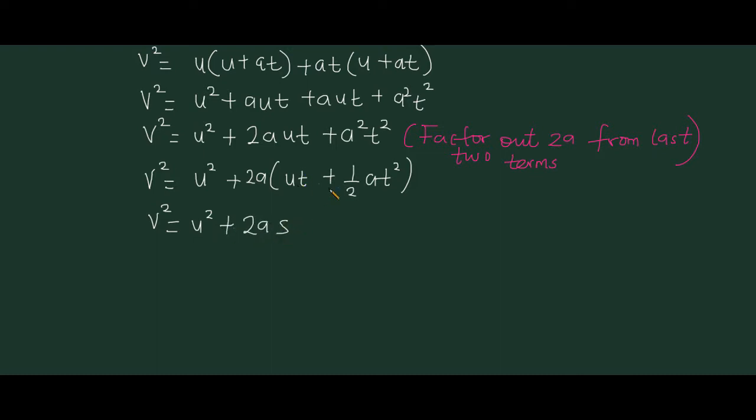So this whole term, ut plus half at squared, is the same thing as s, which is representing our displacement. This gives us a new equation, which is our third equation of motion. So this is our third equation of motion.